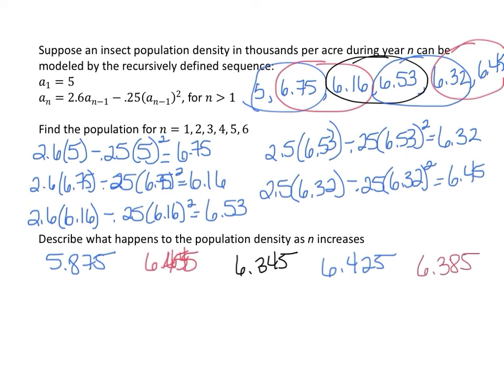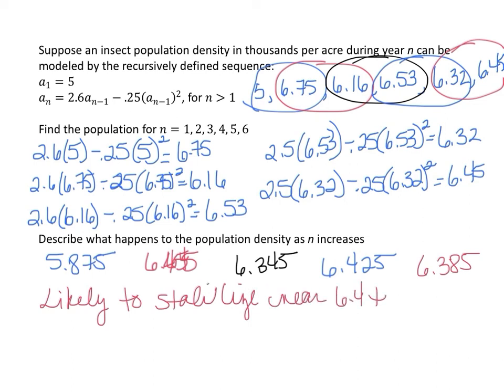So if you look at these values, they're actually getting closer and closer to about 6.4. So as the population density increases, this population is likely to stabilize near 6.4 thousand per acre.